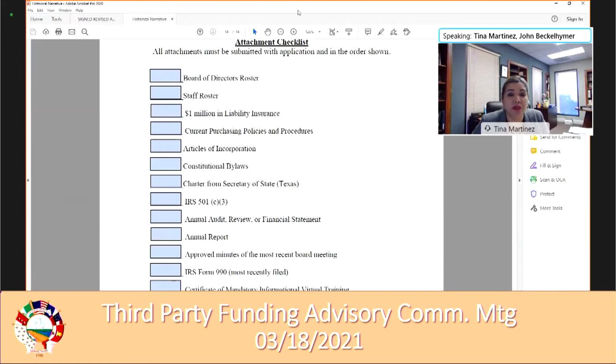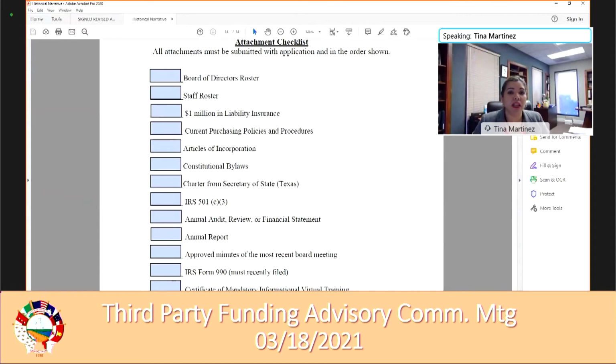It just really ranges. But this is the checklist that the agencies will have to submit to us. The board of directors rosters, because this is where we cross-check, right, that nobody has a conflict of interest, even in general, any conflict of interest with the city council.